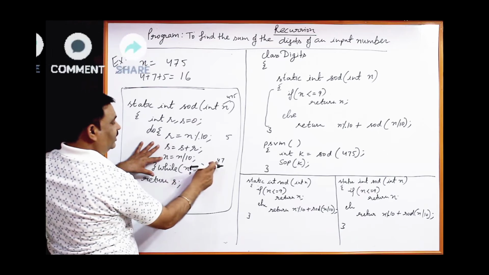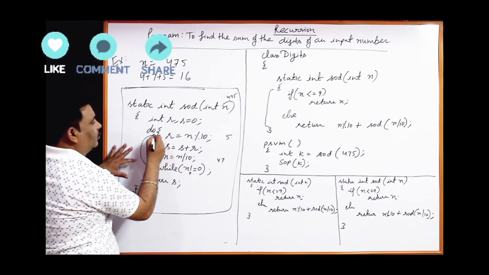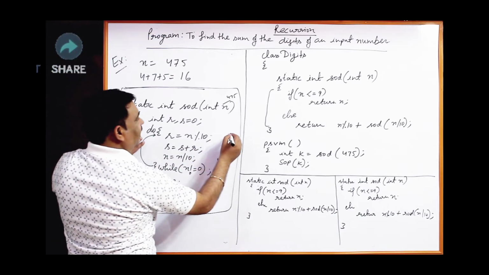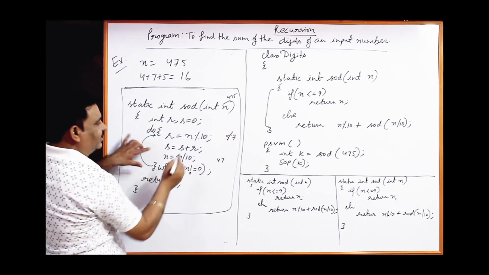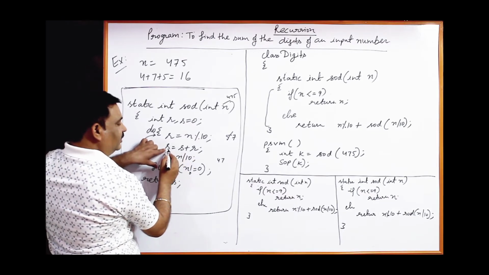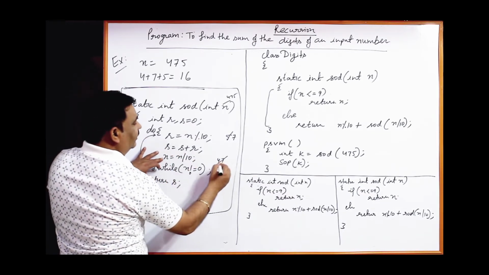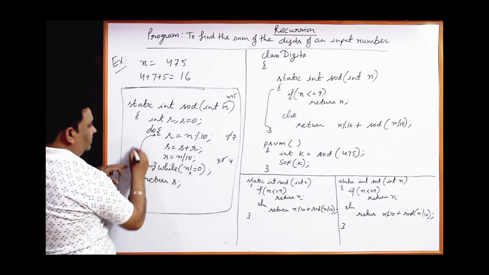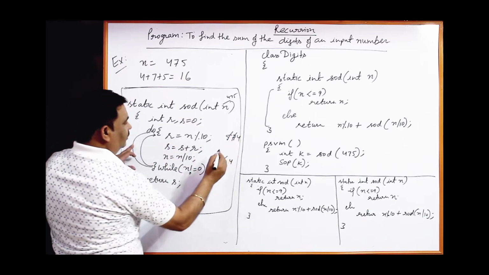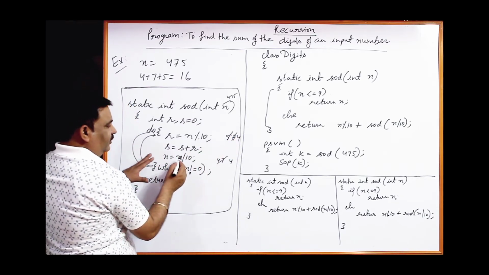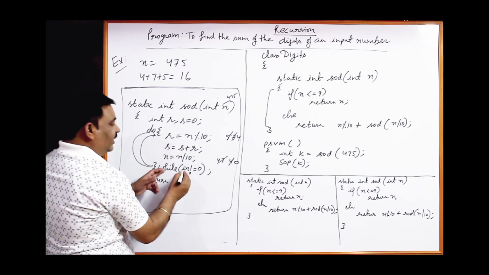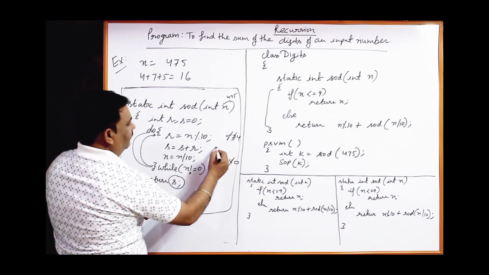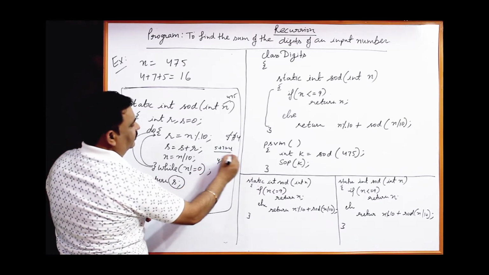So here n will become 47, which is not 0, the loop will continue. Now this time 47 modulus 10, you will get 7 as the remainder, 7 will be added to the previous value of s, and now 47 divided by 10, you will get 4. 4 is not 0, next time 4 modulus 10 is 4, so 4 will be added to the previous value of s, 4 divided by 10 is 0. So finally n is now 0, it will return the final value of s, which is the sum of 5 plus 7 plus 4.